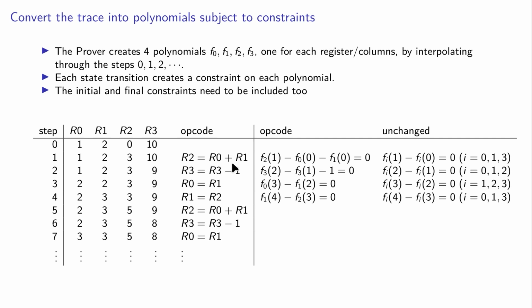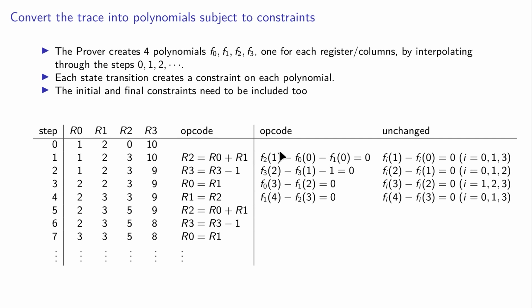So in polynomial constraints, R2 in step 1 is translated into f2 of 1, and the whole condition will be like this: f2 of 1 minus f0 of 0 minus f1 of 0 is equal to 0. So the opcode translates into this specific constraint.